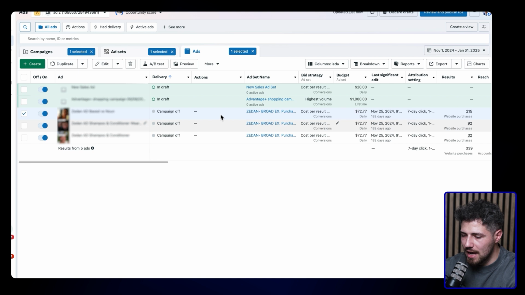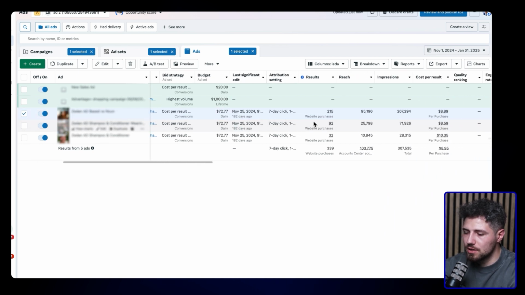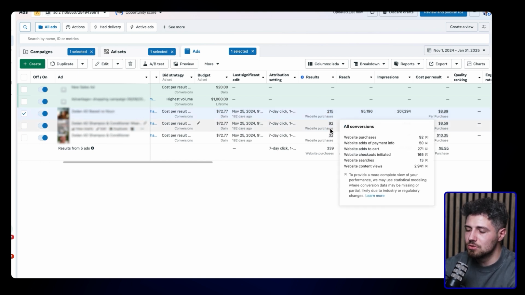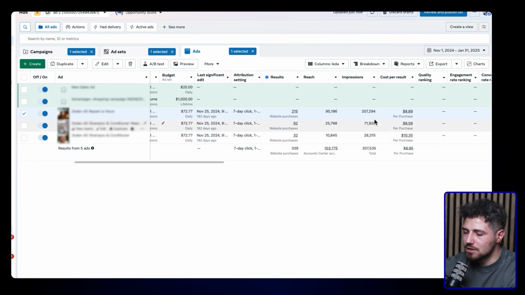So I tested 3 different creatives, and of course, the better creatives were outperforming the rest. As we could see here, we had 3 different creatives in this ad set. This one attained 214 conversions. The second one attained 92 conversions. And the last one here attained 32. Now you can see the difference in price and cost per result. The first one here has $8 cost per result.